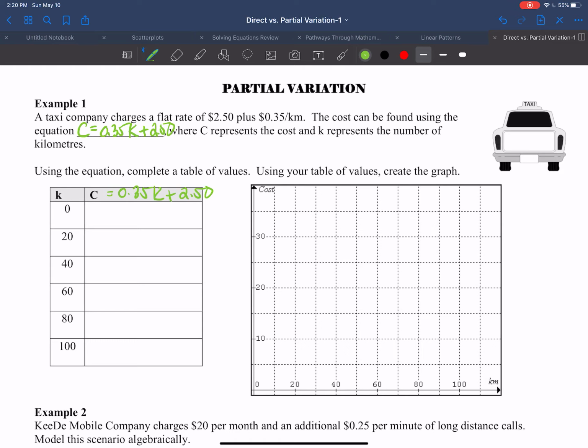So 0 kilometers plus 2.50 makes 2.50. So our first coordinate would be 0, 2.50.